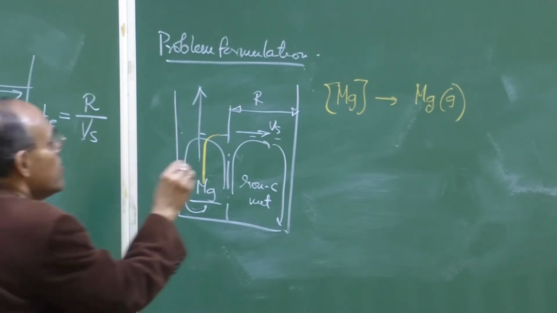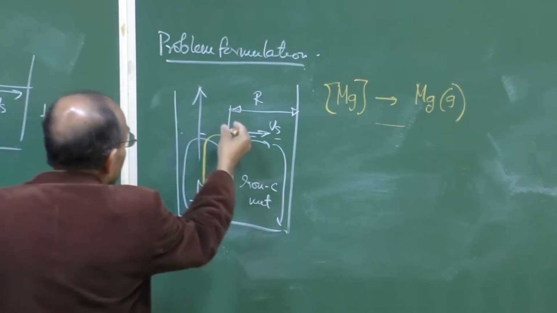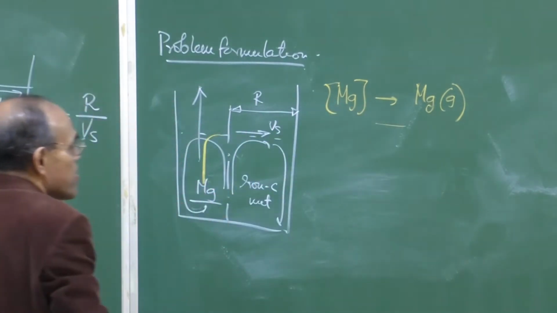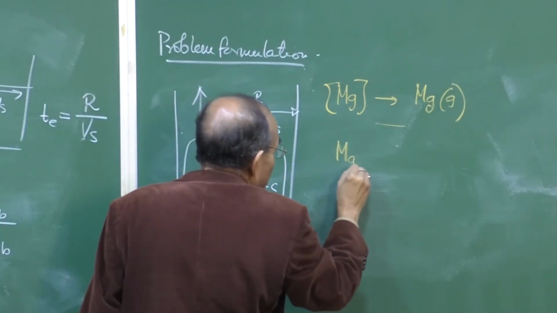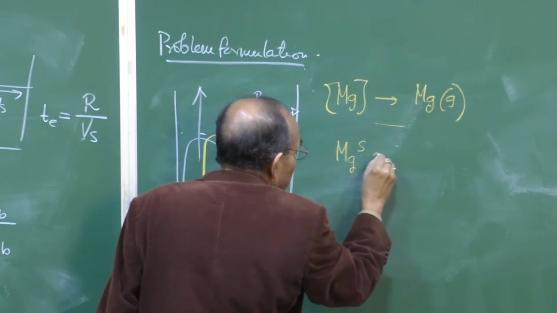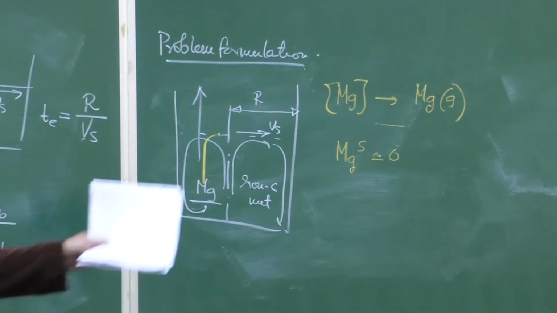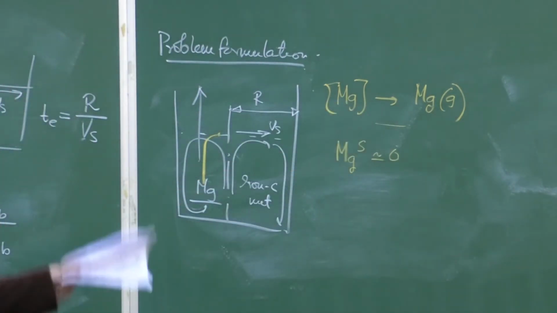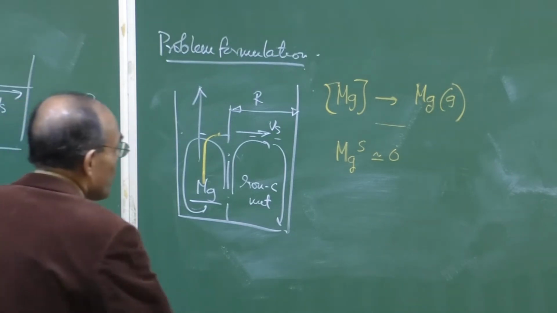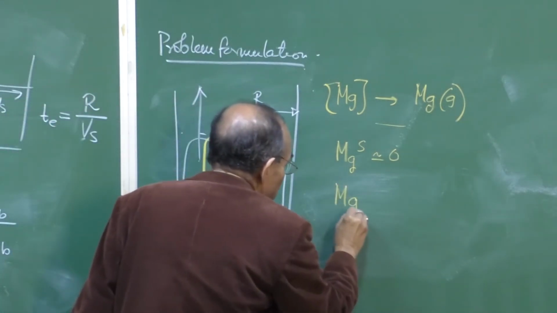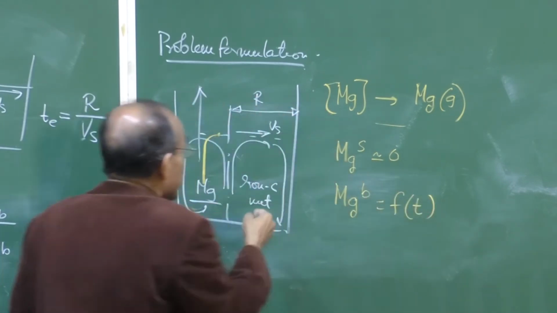This is the chemical reaction that is known to us, and this rate of the chemical reaction is very fast at high temperature. So, we can assume that the magnesium concentration at the surface is approximately 0, because whatever magnesium reaches the surface reacts, under the assumption that melt phase mass transfer is controlling. So, this is equal to 0, and we have a magnesium bulk concentration which is changing as a function of time. It is because of this escape of magnesium.